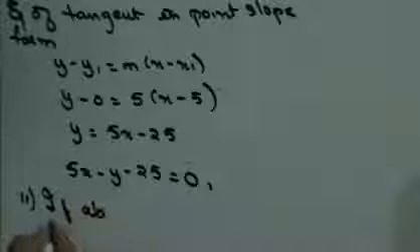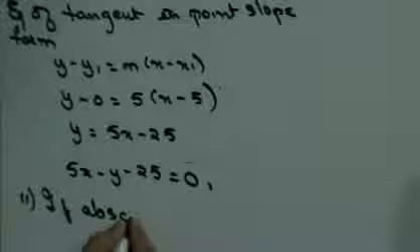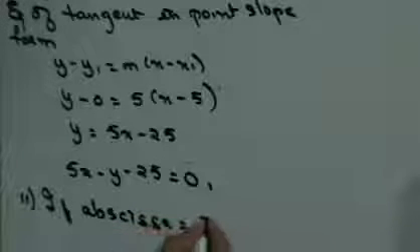Next, second part of the question, at the point where abscissa is minus 2. If abscissa is minus 2, that means the x coordinate of the given point is minus 2. Therefore x is minus 2. Substitute x is equal to minus 2 in the equation of the curve.